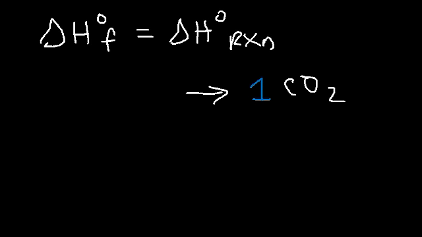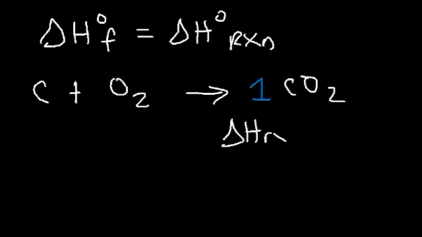Now the elements that make up CO2 are carbon and oxygen. And oxygen exists as O2 in its natural state. It's diatomic. So the enthalpy of this reaction is equal to the enthalpy of formation for CO2. Now let's prove it.